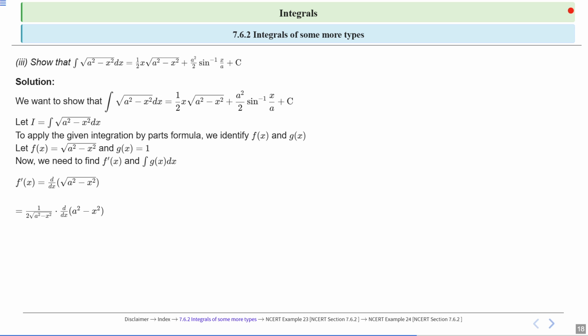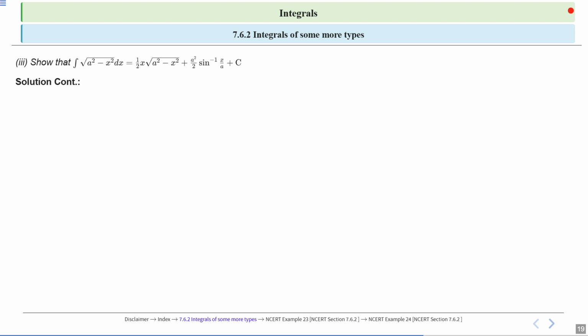So it becomes 1 by 2 into root under a square minus x square to the power minus 1 by 2, into differentiation of a square minus x square, that is minus 2x. So the differentiation of f(x) is minus x by root under a square minus x square. Now we integrate the function g(x). The integration of 1 dx is x.